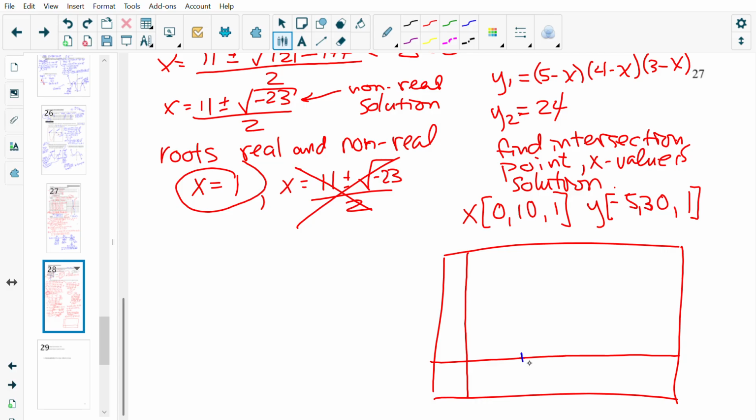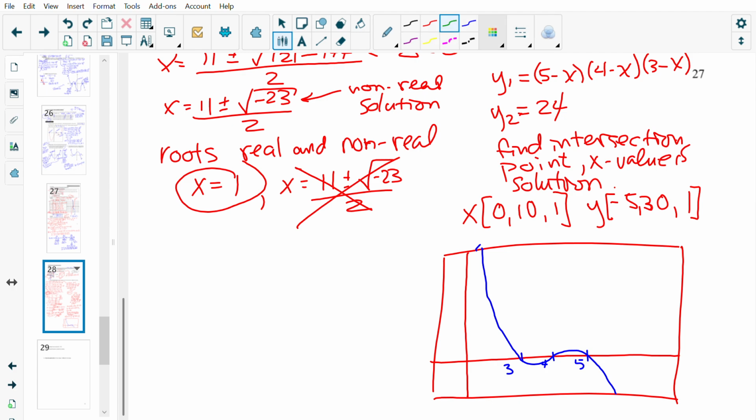So there's my 3, 4, and 5. So it's going to look something like this. So down 3, 4, and 5.